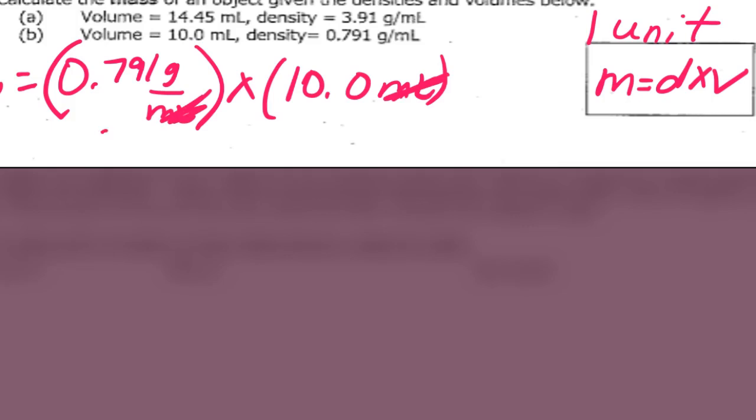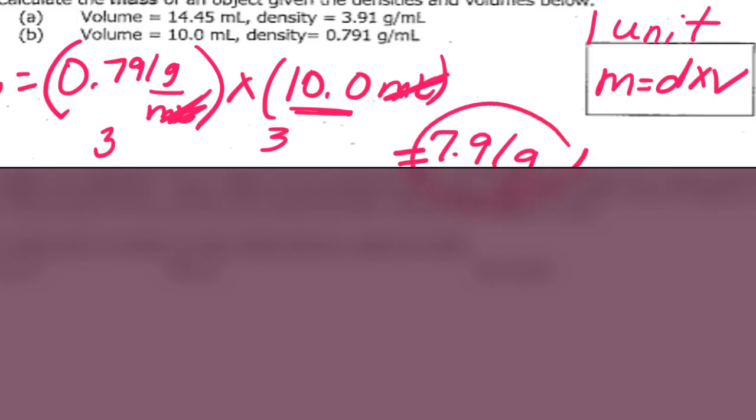Now, here we have three significant digits, 0.791. And right here, we also have three significant digits. Yes, 10.0. So our final answer is going to only have three significant digits. Now, when I multiply those numbers out, this is really easy. We get 7.91 grams as our final answer.